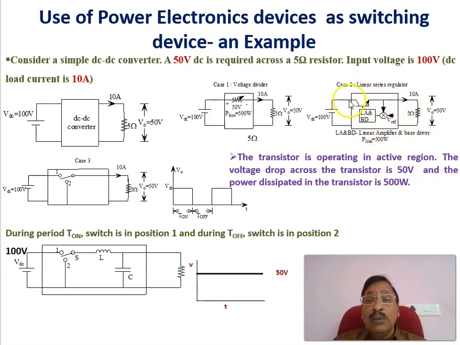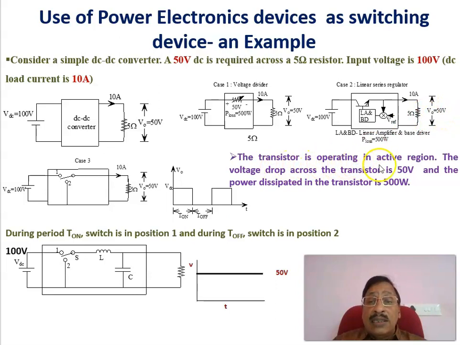The remaining 50 volts will drop across the transistor, so the power dissipated here is 50 volts into 10 amperes, 500 watts. And again the efficiency is equal to 50%.